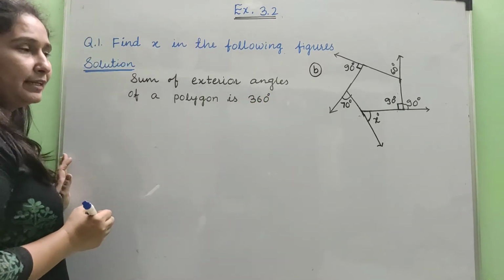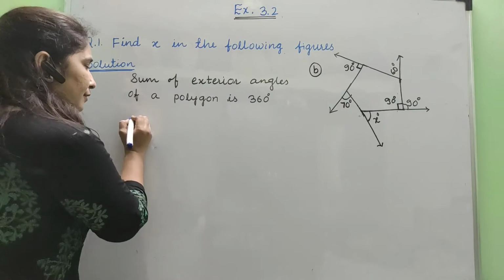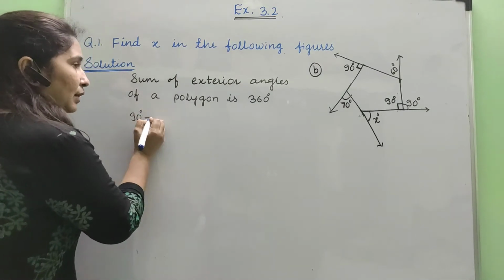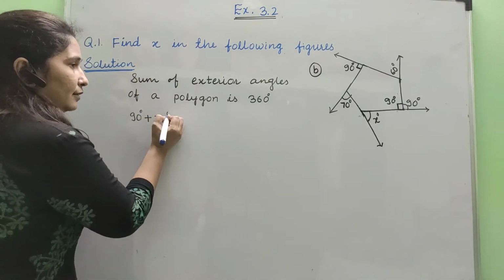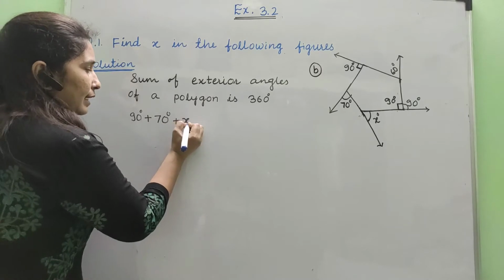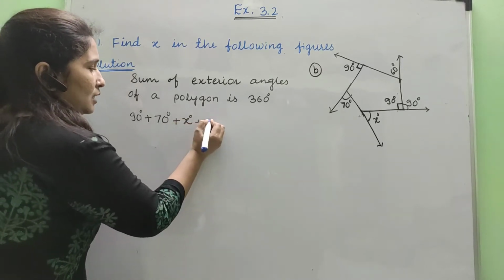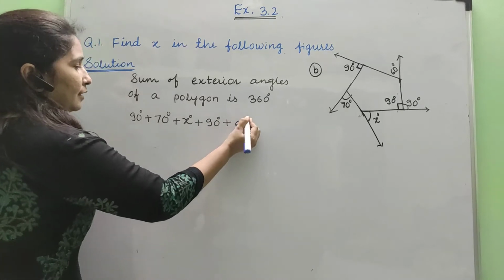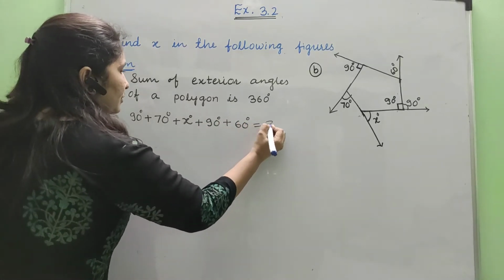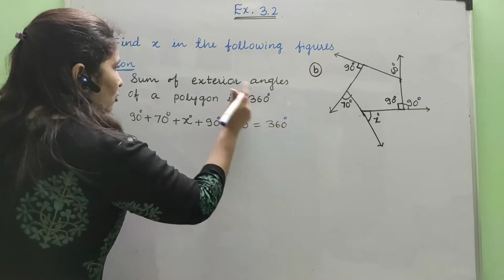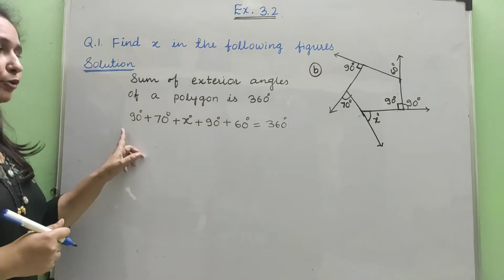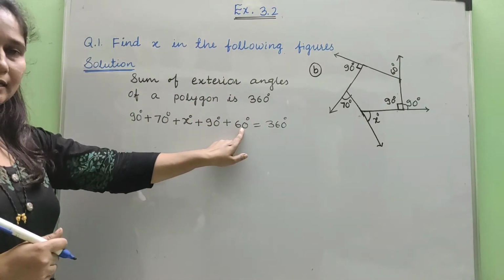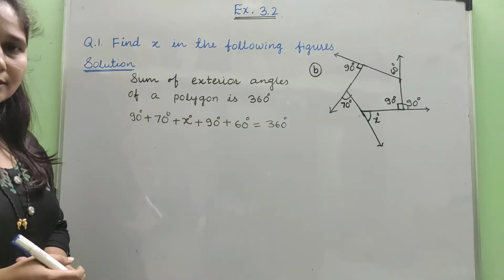Now which are the exterior angles here? 90 degree plus 70 degree plus x degree plus 90 degree plus 60 degree is equal to 360. According to this property, when you take addition of all exterior angles, it will add up to 360 degree.